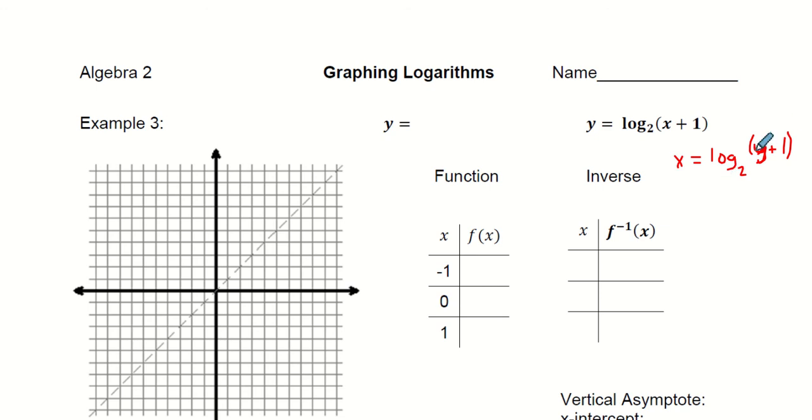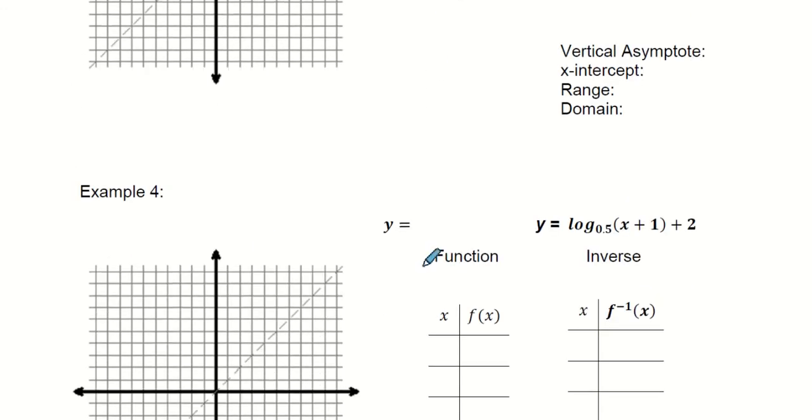Now, let me say something right here. If we would have had something else here, like a minus 2, we would have to first move that over before we rewrite it. We can only rewrite it if all we have is a log. So there are times when we have to move something first. So let me see if there's an example down here. Yeah. So like down here, let me do this one.